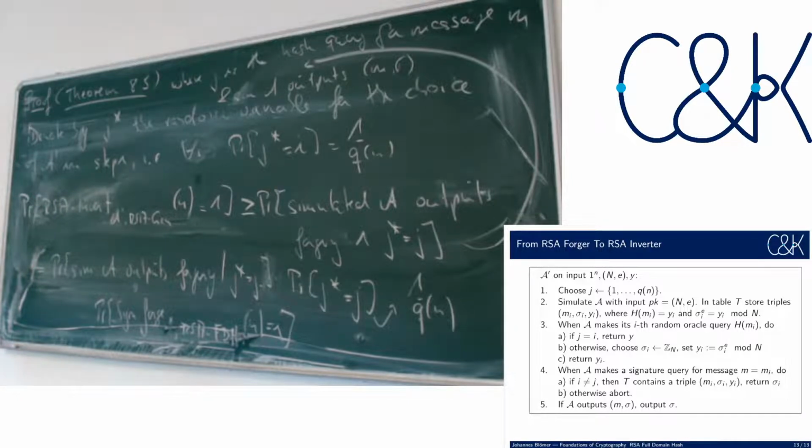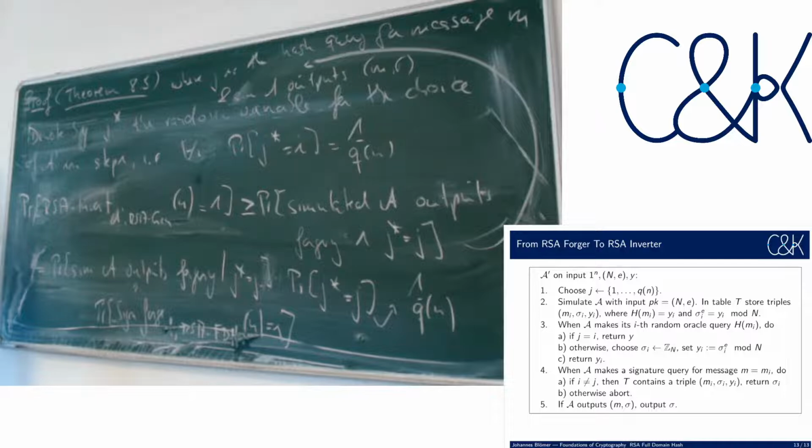Or in other words, this probability here is upper bounded by this probability times Q of n. We know that this is negligible by our assumption on the RSA key generator that we are using.